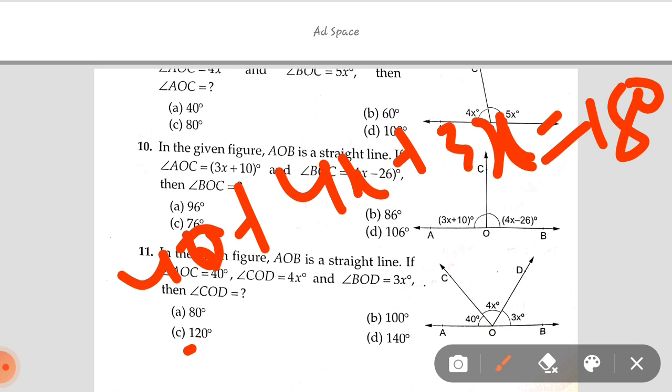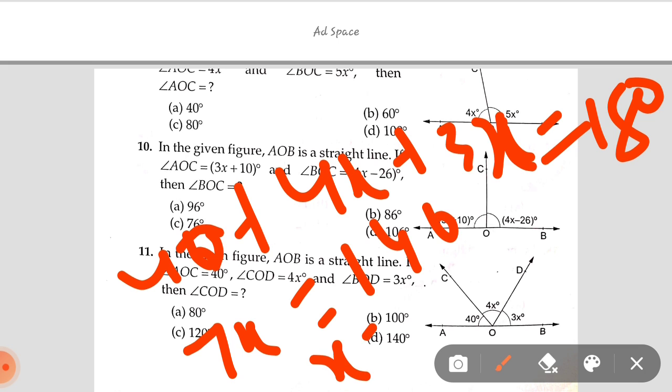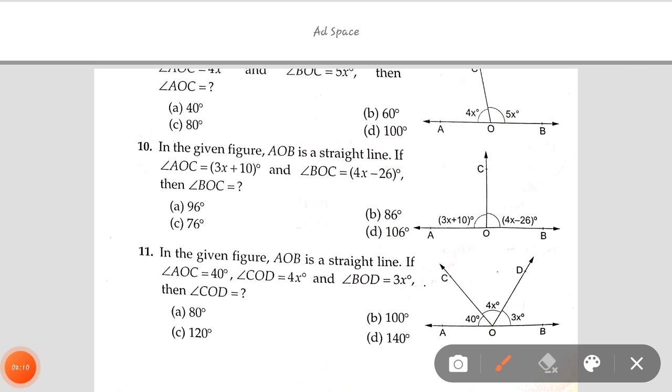Now 7x is equal to 140, because it's an objective question, so we have to do it fast. Now x is equal to 20. Now we have to find angle COD, that is 4x, that is 4 into 20, that is 80. Then the option is 80 degrees.